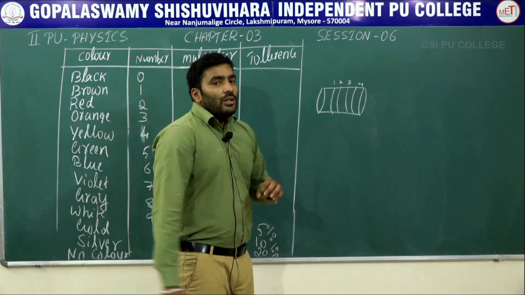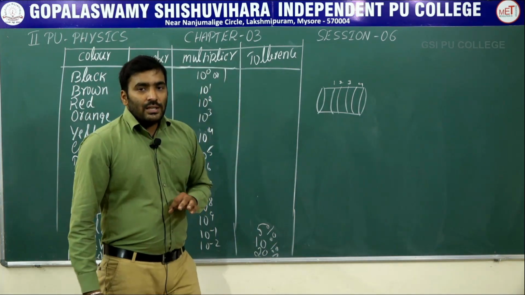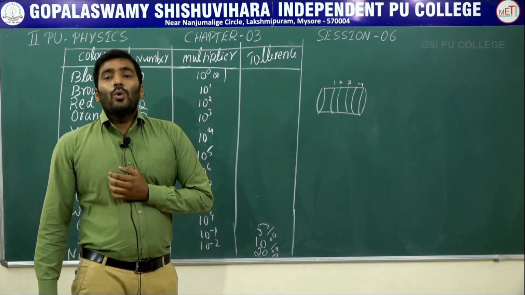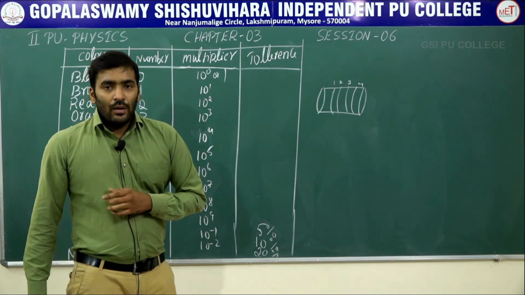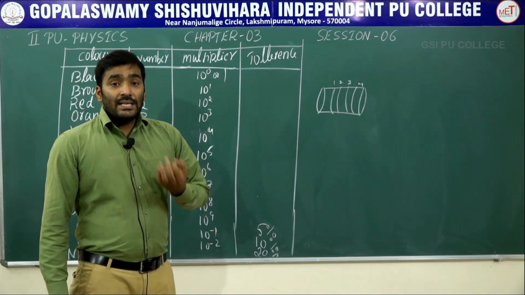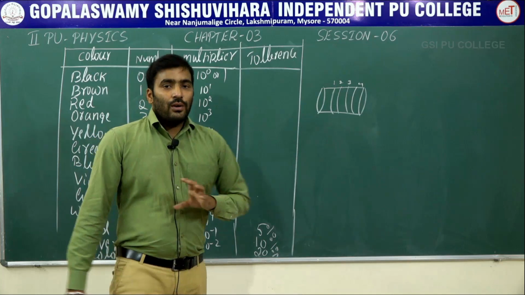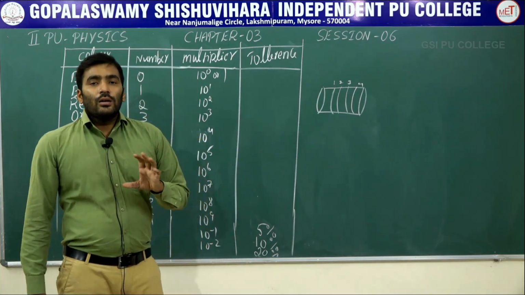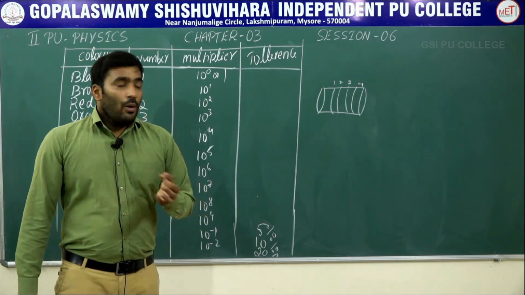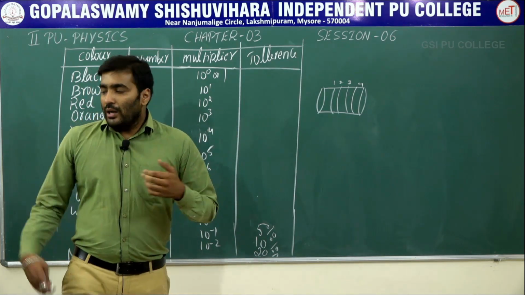Now in the previous class I discussed how to find the value of resistance if the color sequence is given. But in this class we have to find, if the resistance value is given, how to find the color sequence. I have already done one problem regarding this, and now let me continue.